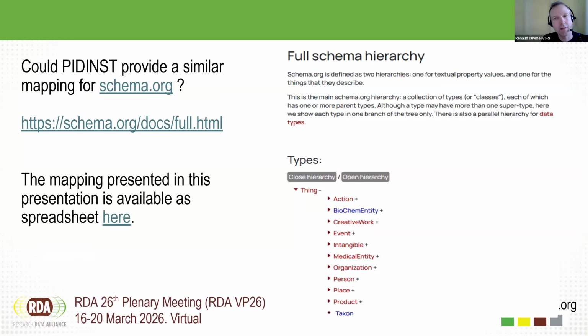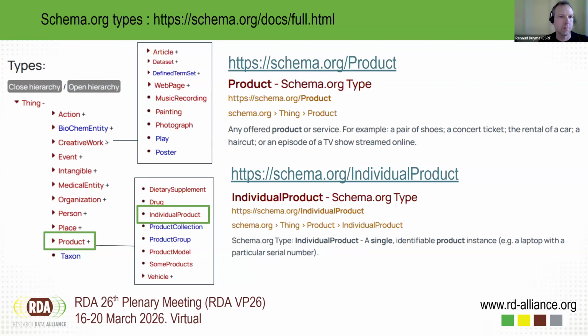So I did the exercise of looking at what was available on schema.org, for people that are not aware of the model. In schema.org, you have a lot of entities. Here, for example, you have the ones that are really common: article, dataset, the defined term, which Stephen was talking about before for keywords.